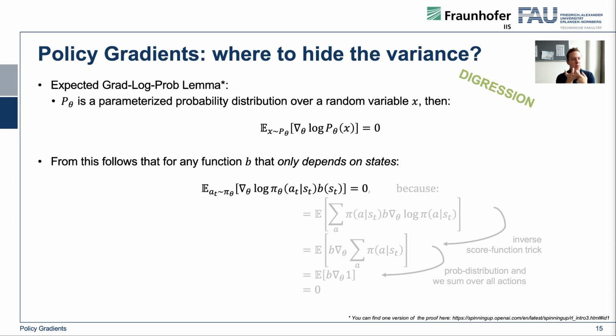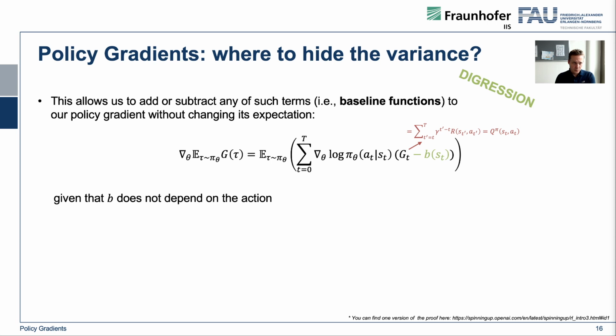You want to push preferences if they are larger than expected, or pull preferences if they are lower than expected. So, as I already said, this allows us to add or subtract any of such terms, which we call baseline functions, to our policy gradient without changing its expectation.